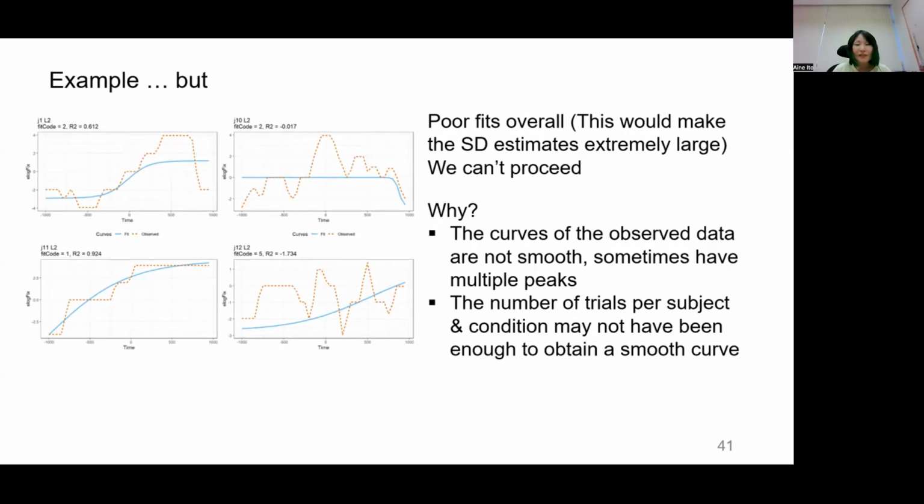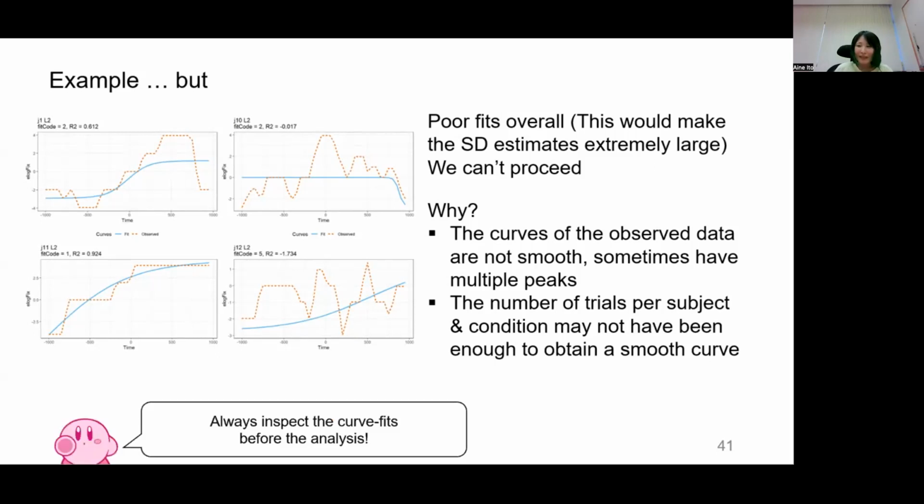I looked at other successful applications of VDOT, and they had a much larger number of trials, like 200 or 300, and I only had 16 items. So that's the difference we are talking about. If you want to apply VDOT, you want to have enough items so that you end up with a smooth curve for each participant. And it's always important to inspect the curves before you do the analysis. You shouldn't proceed if your curve fitting looks like this.